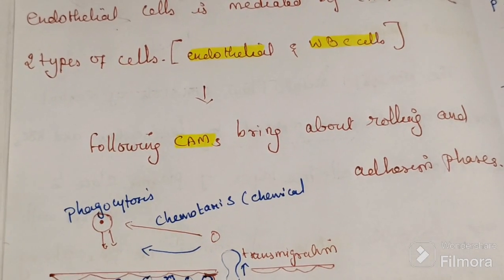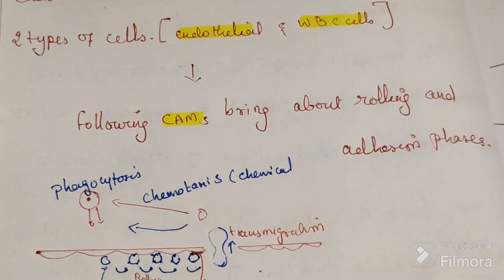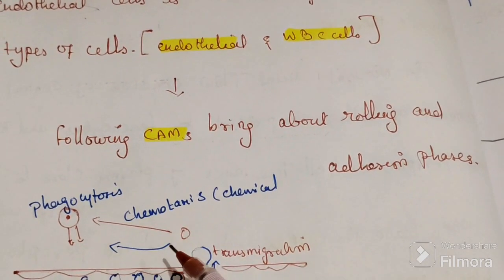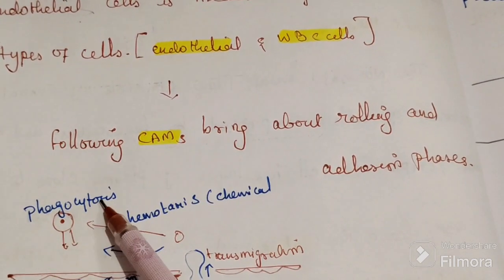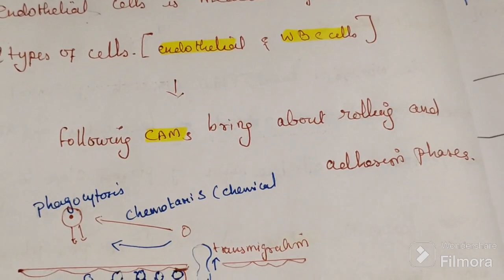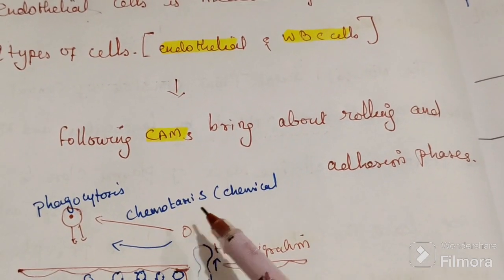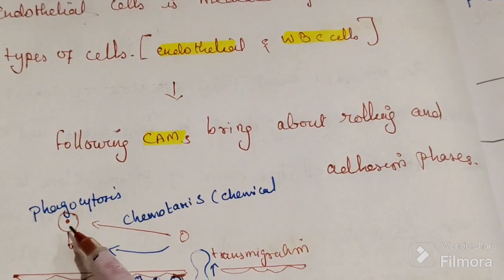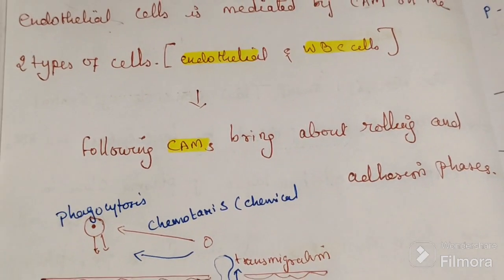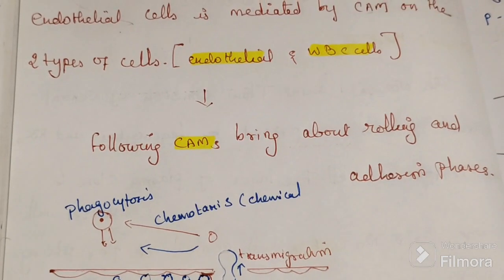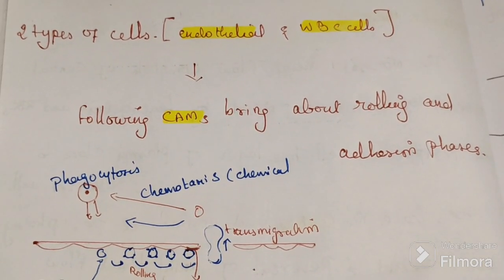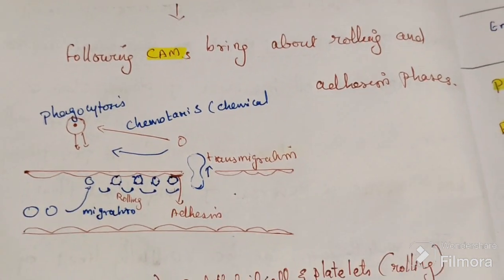This process is called chemotaxis: movement towards chemicals. The WBC will move along the route where the chemical comes from. After that, the phagocytosis process will occur. Lastly, the WBC phagocytoses the bacterium.